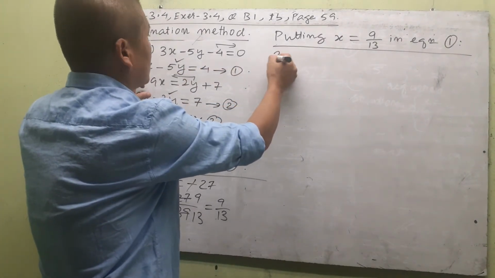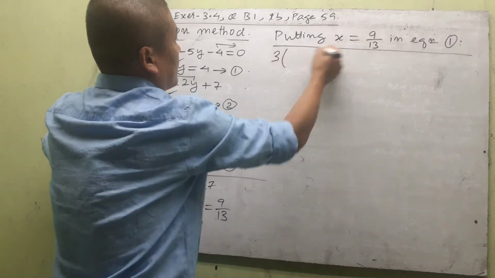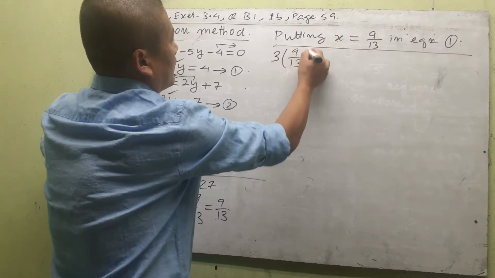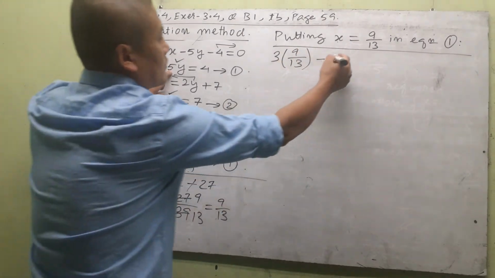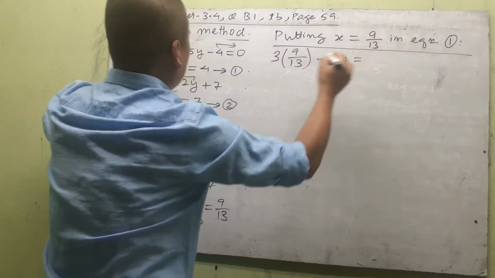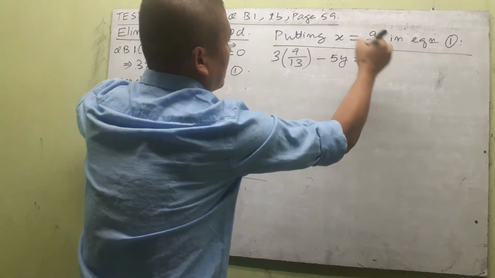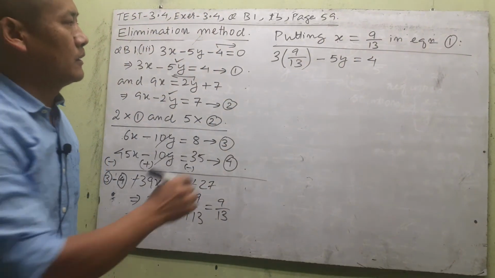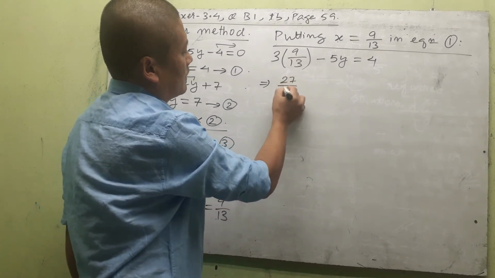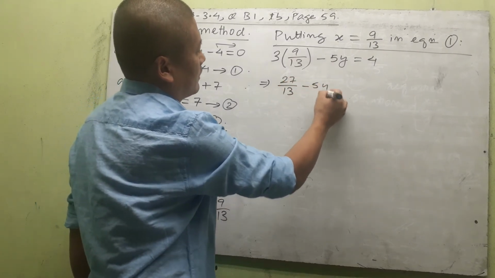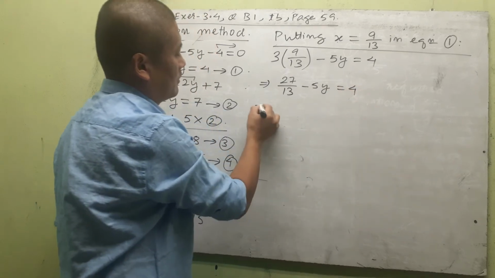So 3 into x, in place of x, now we're going to put 9 by 13. The next is minus, so write minus 5y equal to 4. Then 3 9s are 27 divided by 13, minus 5y is equal to 4.